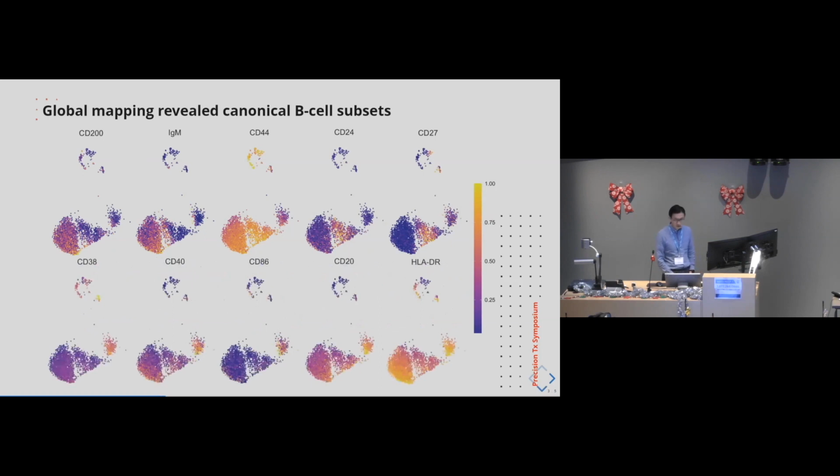We can also see the GC, germinal center B cells, based on CD38, CD40, CD86, CD20, HLA-DR, these kinds of markers. And there's also a small subset of cells flowing on the top. They are plasmablasts and plasma cells.